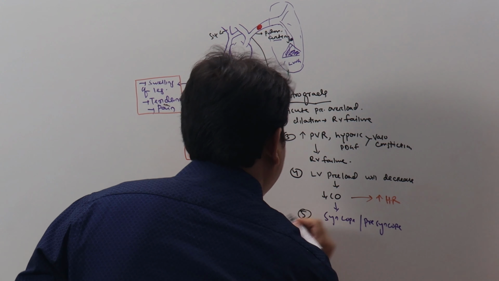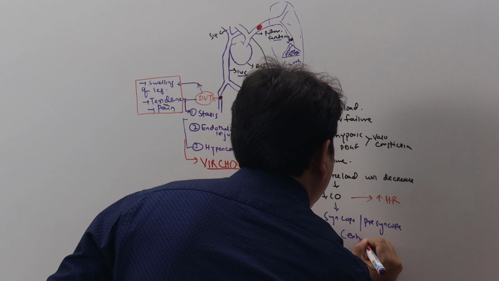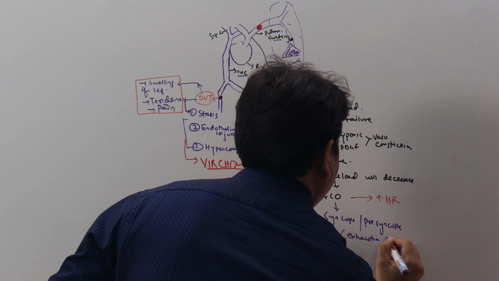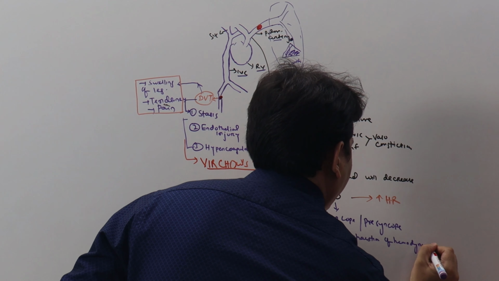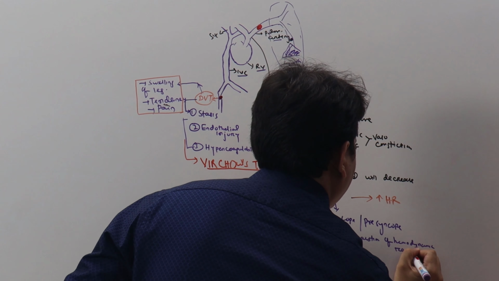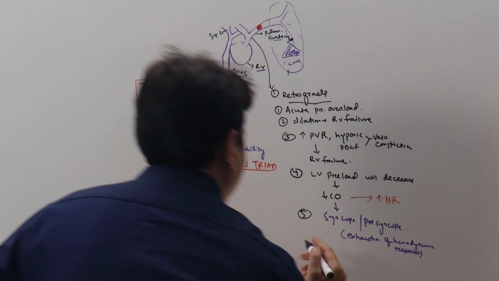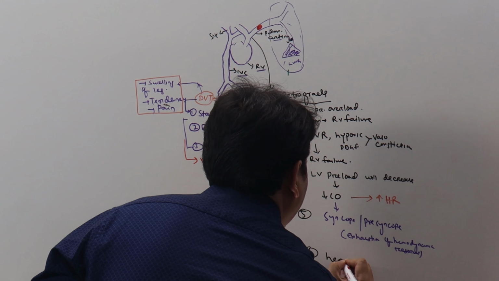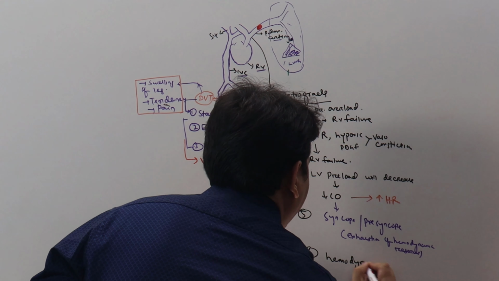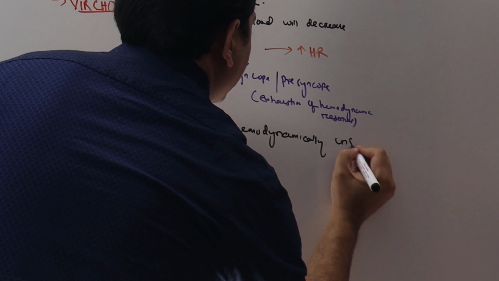Syncope and pre-syncope mean there is exhaustion of hemodynamic reserve. So the patient is in impending cardiorespiratory failure. So in the end the patient will become hemodynamically unstable, right?